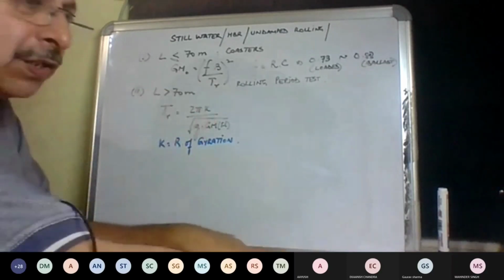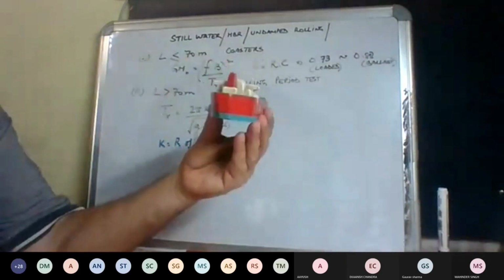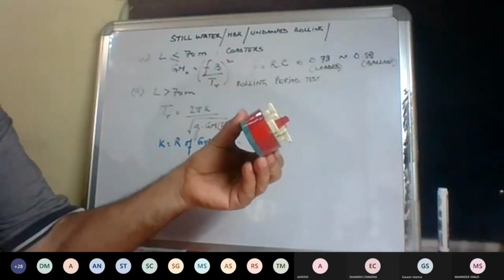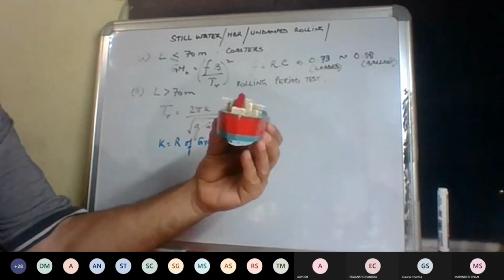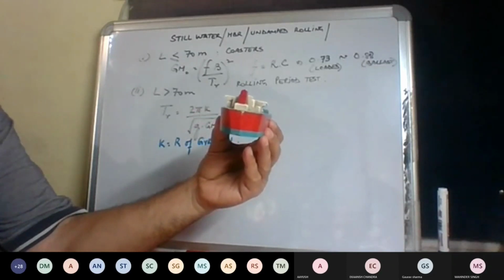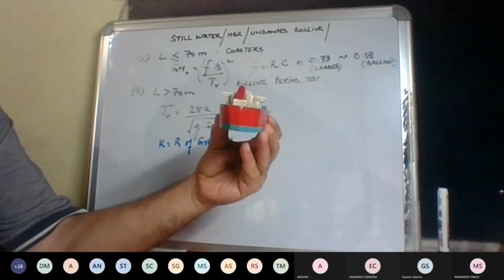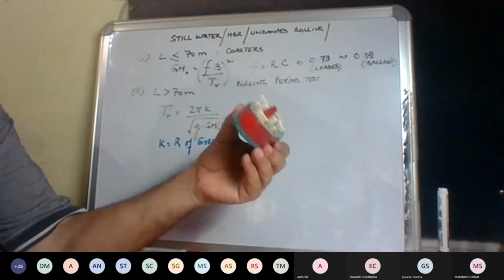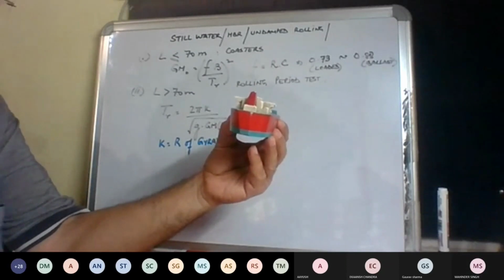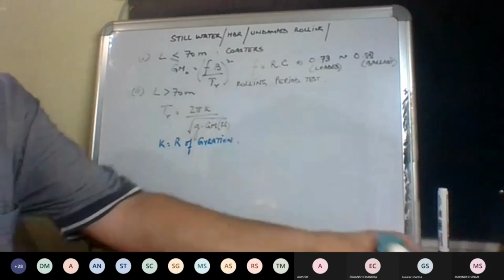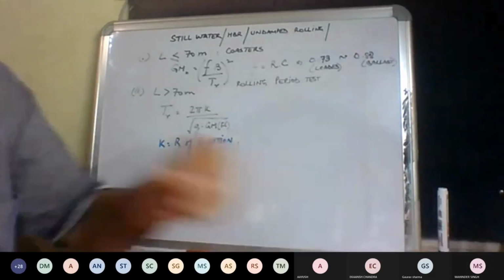The vessel first rolls from midship to starboard, then goes to port, and then comes again to midship. The time it takes for this is TR, the time period of roll in seconds.